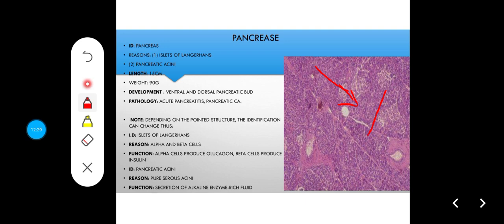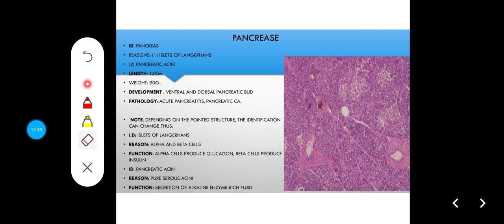Then if it were pointing to this, so this is the more colored area, and then this one is the poorly stained area, which represents the islets of Langerhans, and the deeply staining area represents the pancreatic acinar, the purely serous acinar. So the one that is pointed to in the exam will determine the ID and the reason that you give. So that's what this whole thing is about.